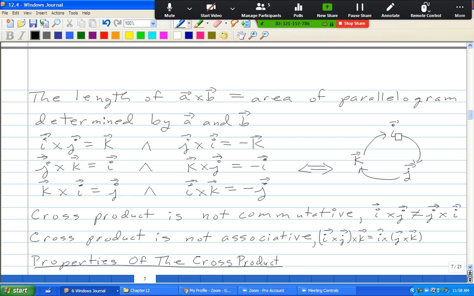Okay, one second. I'm trying to think of a different example. And hopefully that one will work. One second.